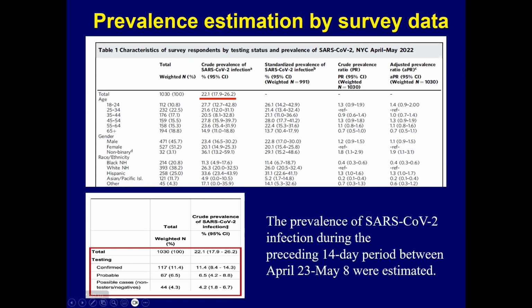In this survey, only 43% of adults reported having received a SARS-CoV-2 test with a provider. You can also see how this prevalence is broken down by the confirmed, probable, and possible case definitions.